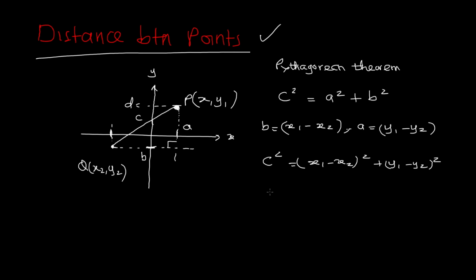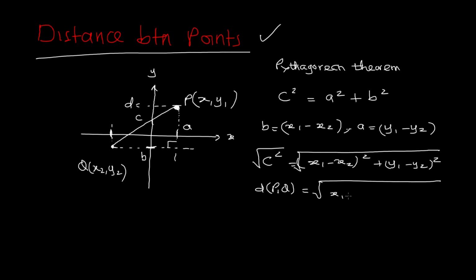C, which is d, is the distance. So we can say that this is d, or we can say that this is p and q. So the distance between p and q is equal to the following. Now remember we talked about balance, that whatever you do on one side, you do on the other. So now we find this. So that is the distance.